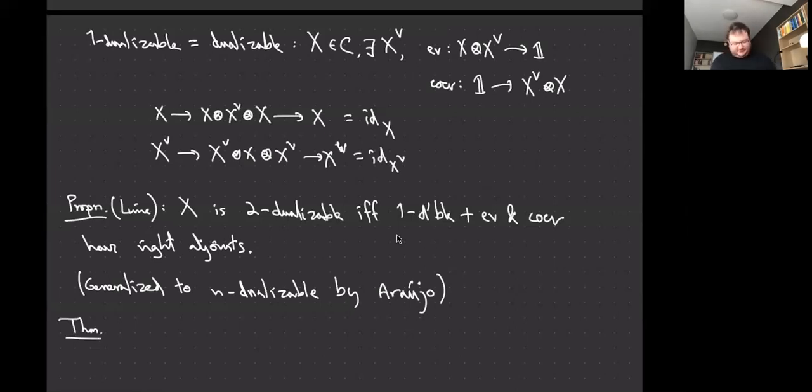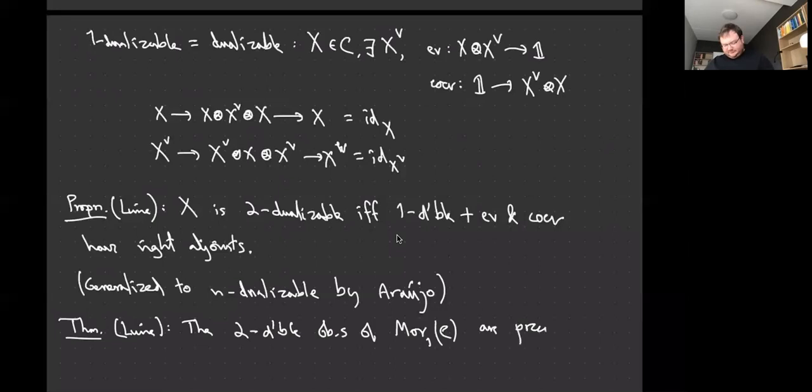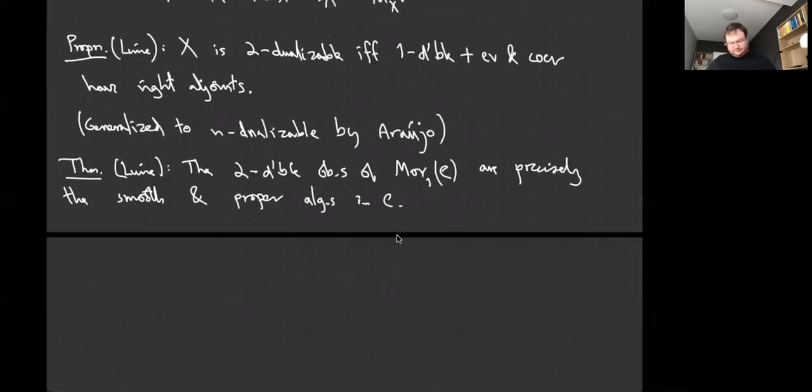what I wanted to mention in connection with this Morita category is that Lurie shows that the two-dualizable objects of this infinity-2 category Mor_1(C) are precisely the smooth and proper associative algebras in C. So here, an algebra A is proper means that the underlying object A is dualizable as an object of C, whereas being smooth is a bit more complicated.